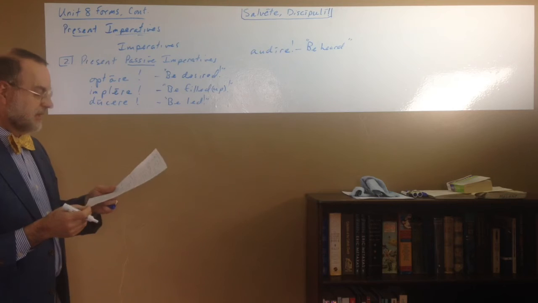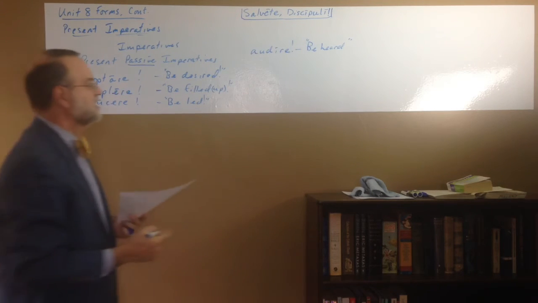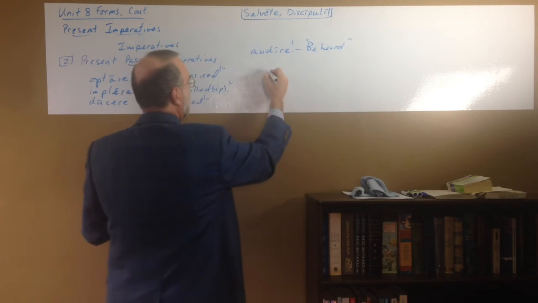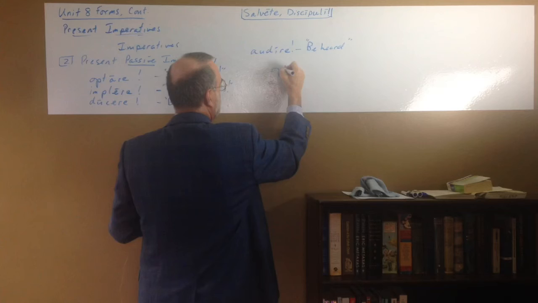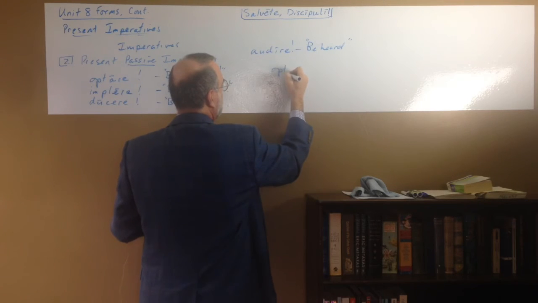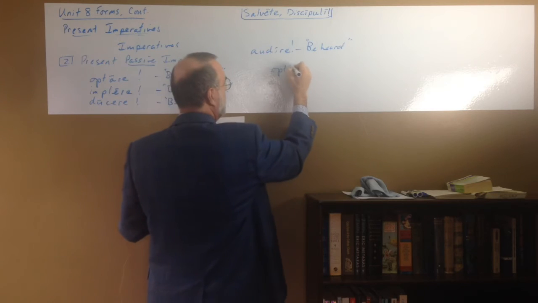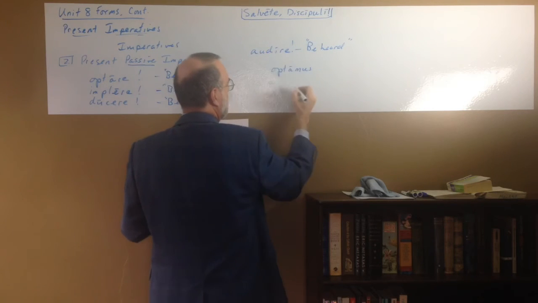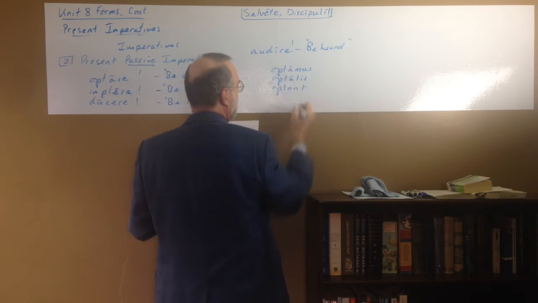Okay. Now, what about the plural forms? Okay, we're still in the same vein. Let's take opto again. So, opto, optas, optat, optamus, optatis and optant.